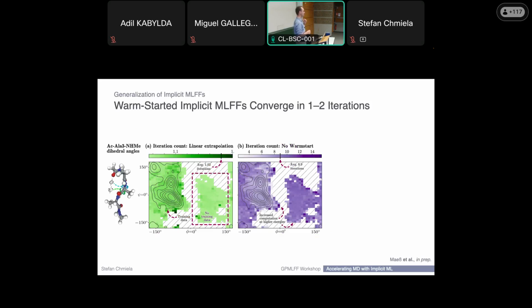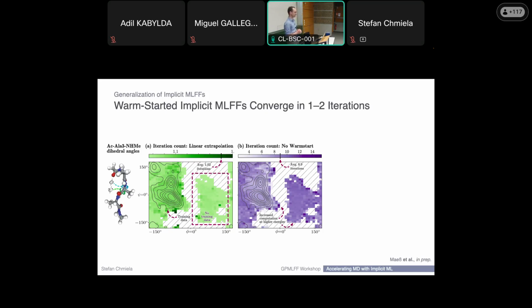You can see the training data in those contour plots. Current neural networks can extrapolate from the known training data into this other area of phase space, and we verified that the implicit variants can also do this, right? So we're not losing any of the good properties of the explicit models.